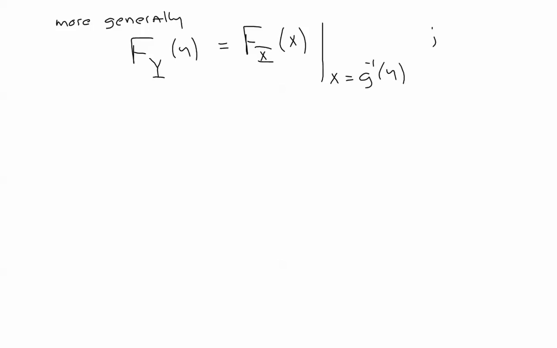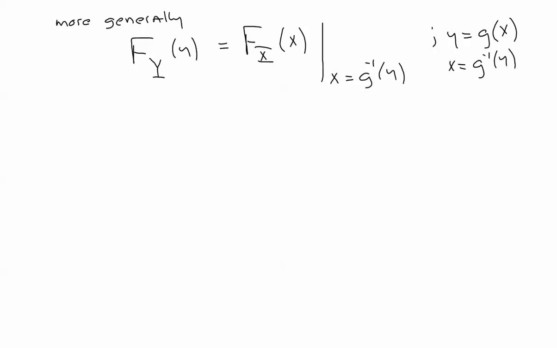Remember that my random variables are going to be related through a transformation function y equals g of x. Just a second, I almost made a mistake. Y equals g of x, or x equals g inverse of y.